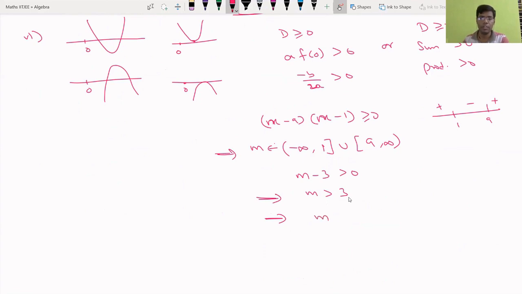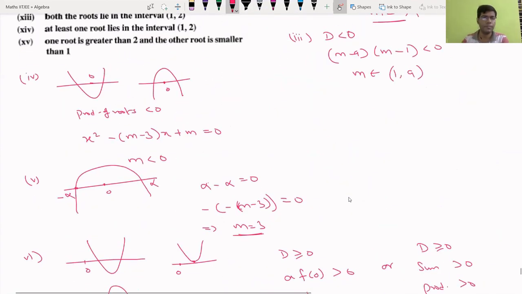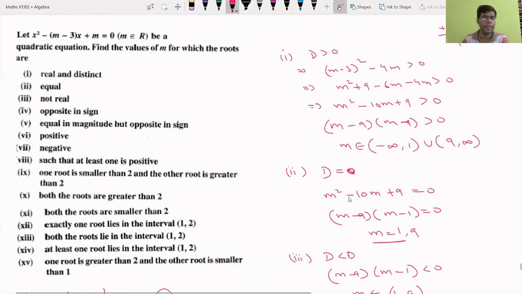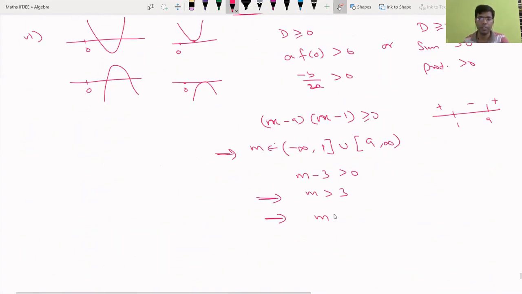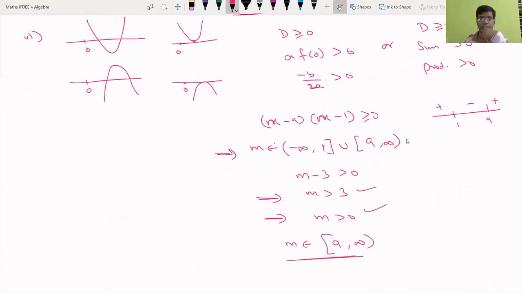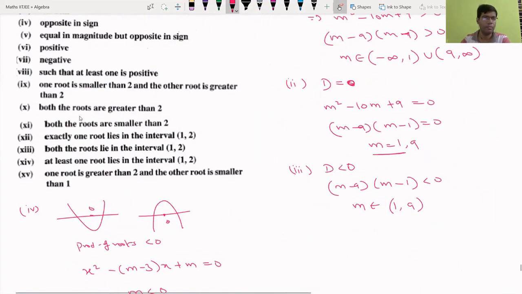That means the product of the roots is m, so that has to be positive. So if I take the intersection of all these three, I will get m belongs to 9 to infinity, where this is closed and this is open. So when m is lying in this interval, it will satisfy all these conditions. That is when all the roots are positive.